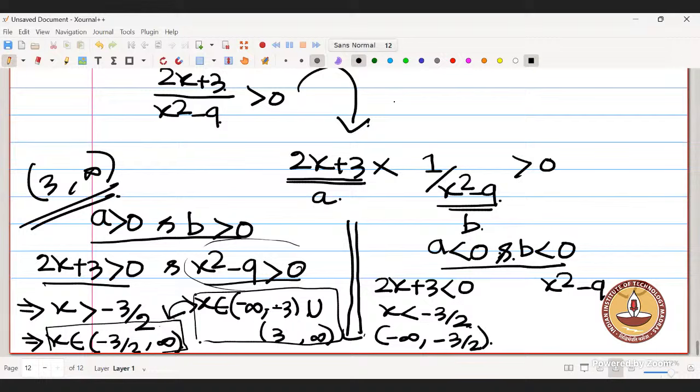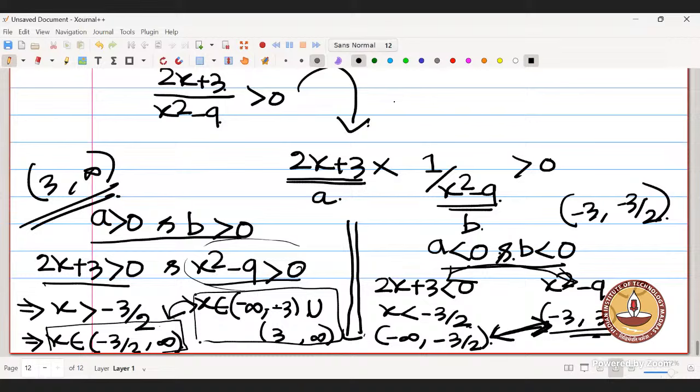And this region is -3 to 3. Again, I want both to hold simultaneously, so I take the common region. What is the common region? -3 to -3/2. Correct.